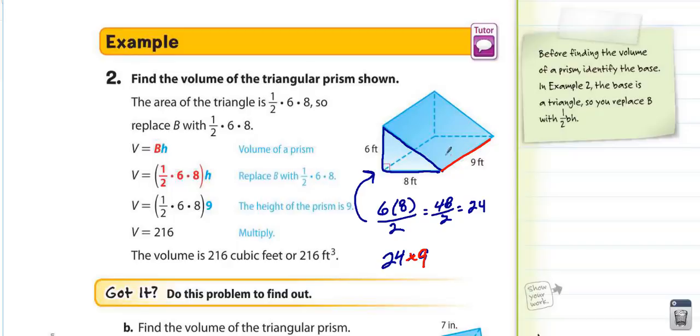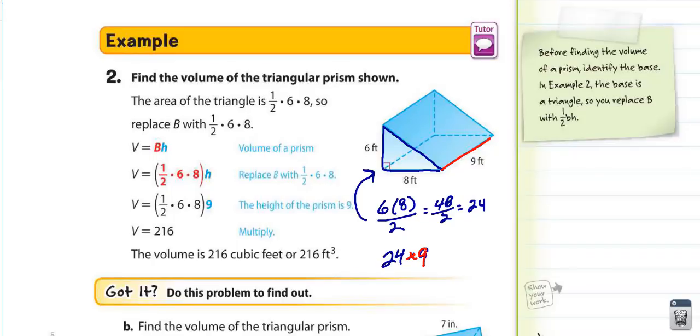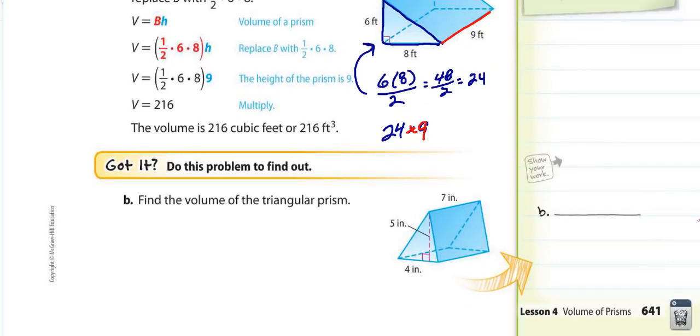Now you might say to yourself, wait a minute, that's not a height, that's a length. Try not to get too caught up in exactly what to call it. It's the amount going away from the triangle. And what it's doing is it's building a whole bunch of little triangles. It's building, you know, every foot there's another triangle going along. All right, so go ahead, pause the video, find the volume of that triangular prism, and then come back on and we'll discuss it together.